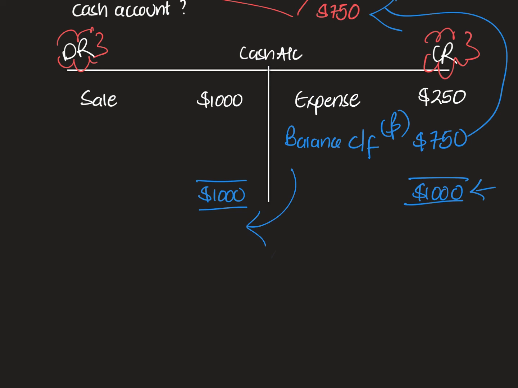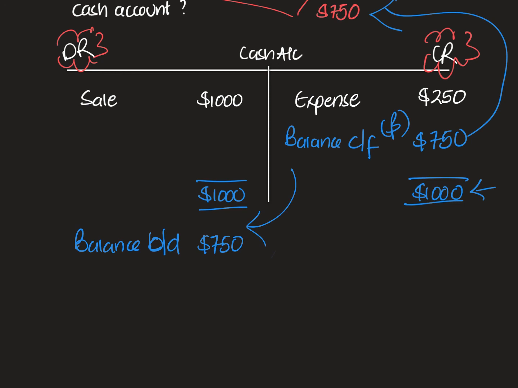Now, this will always be placed after the total of that ledger. So we're going to call this the balance brought down or brought forward. Doesn't matter what you call this. This will always be the same number that you've included for your carried forward, which in our example is 750.